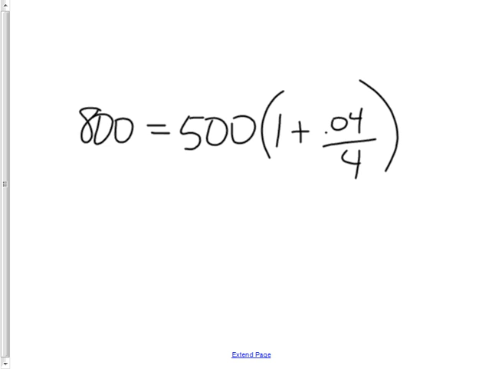Then I put it to the power of, and now this is important, if you just put x, your answer would be in quarters, which would be really weird. And you'd want the answer in years, so you times it by 4, and now your answer's back in years. Do you get what I'm saying? If you had left it as an x, that's okay, but you got to know what you got there. If you didn't times by 4, what you would have is quarters.